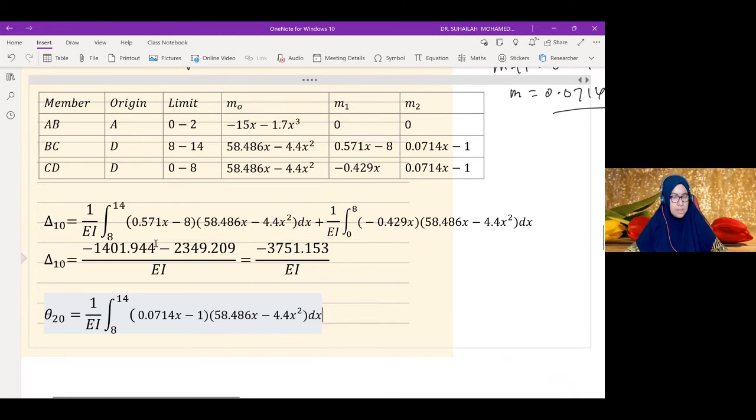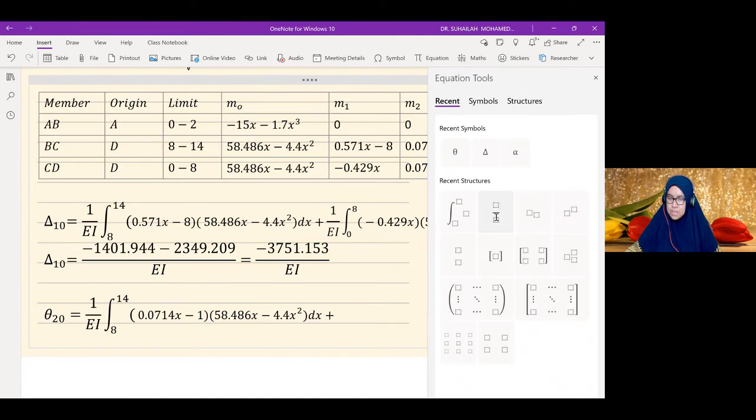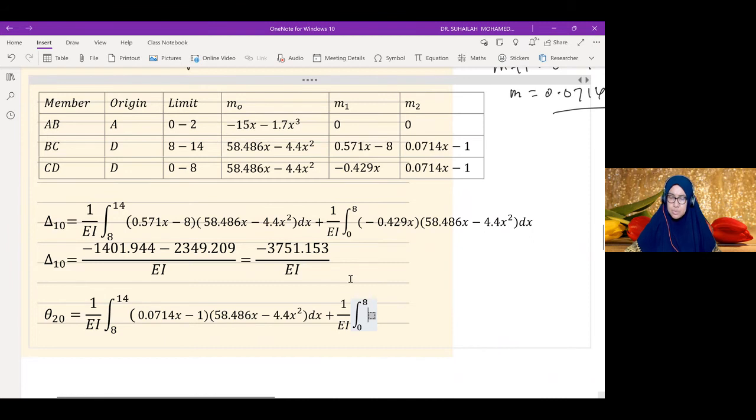And then for CD, if EI is not constant, we have to consider it right here. In this case, we consider EI all constant. 1 over EI, from 0 to 8. It is M2 times M naught.